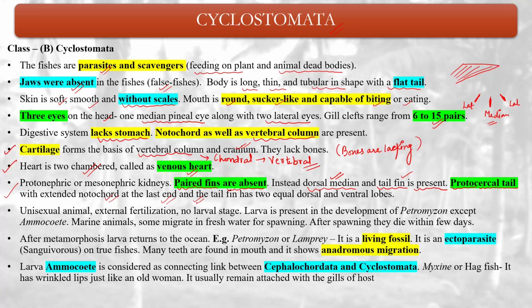The fin has two equal lobes, a dorsal lobe and a ventral lobe. So basically protocercal tail means the notochord extends to the end of the tail, and the tail fin gets bifurcated into two lobes, like this.